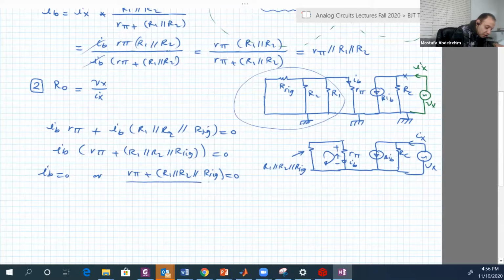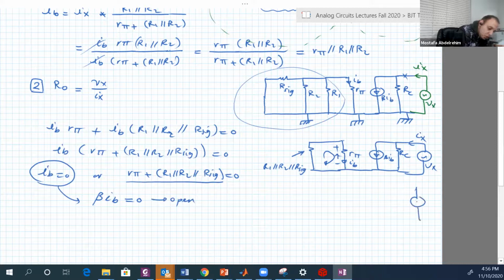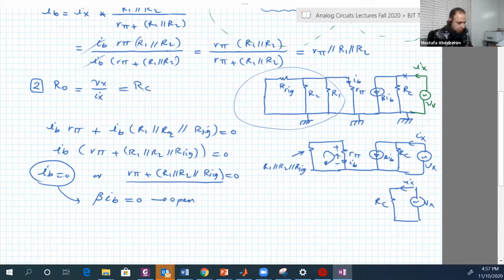Of course, these are constants. They are not 0. The only thing that can be 0 is IB. So IB is 0 when we cancel our V signal, the input source, because it was actually the source of IB. So the dependent source beta IB is equal to 0, so it's an open circuit. So we can just draw Vx, and here is Ix, and only RC like this. So basically this is equal to RC. Good.